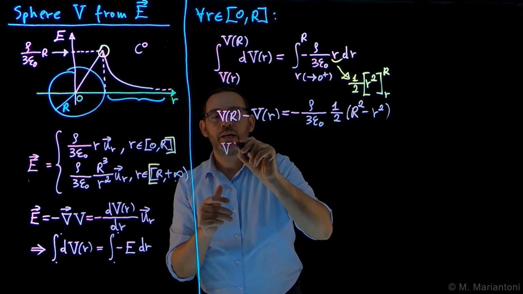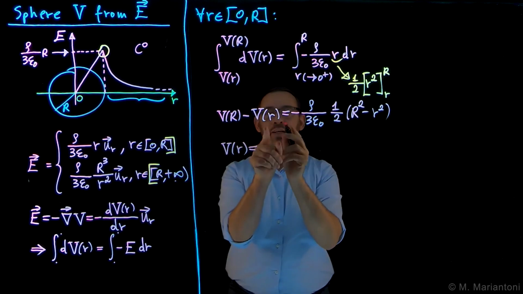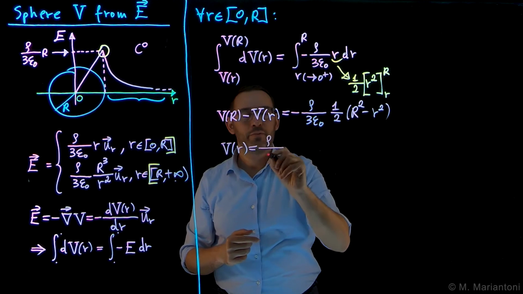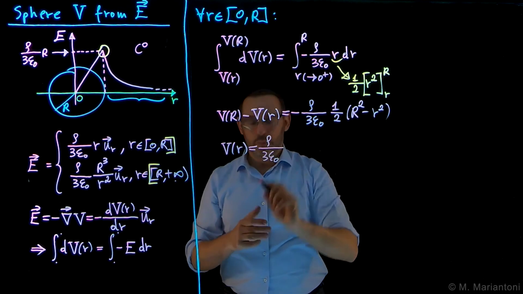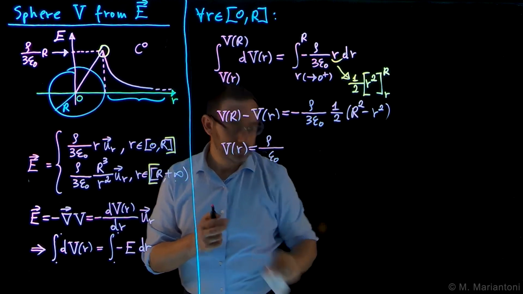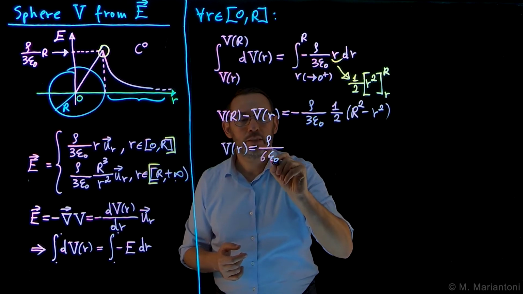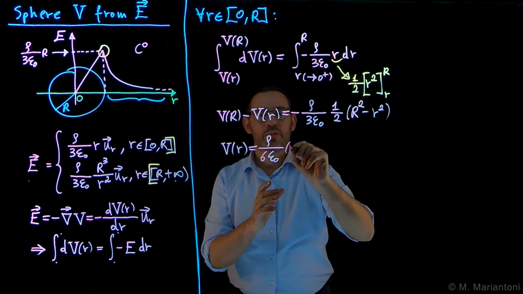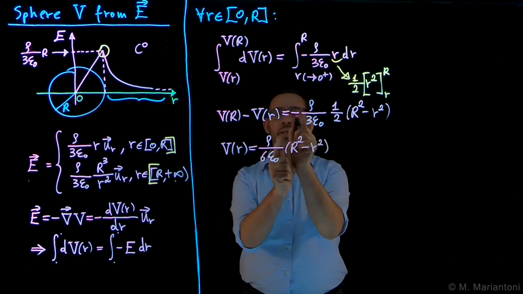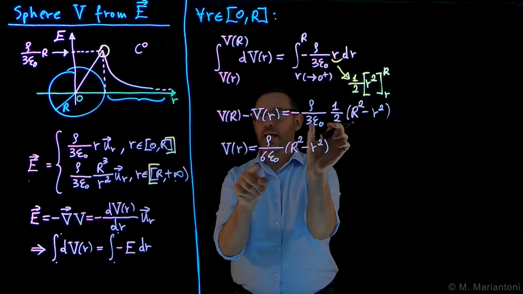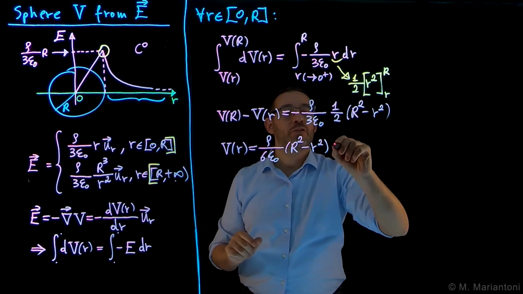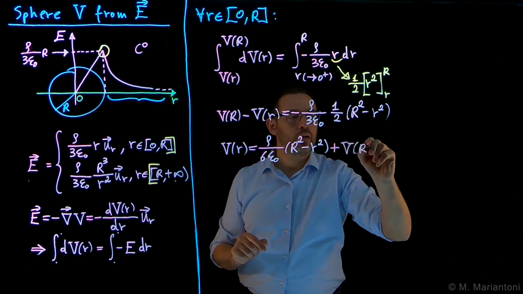So finally we obtain V of small r equal, so this minus sign and this minus sign cancel out, so we obtain rho divided by 3 epsilon naught times 2, let's go straight to 6 epsilon naught, times capital R squared minus small r squared, the minus sign I already took care of, the 6 I took care of, minus V of capital R, but since I bring it on the other side, I change this minus sign, it is also plus V of capital R, from simple algebra.